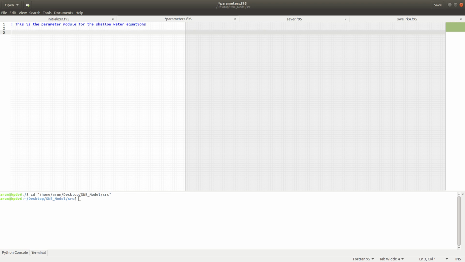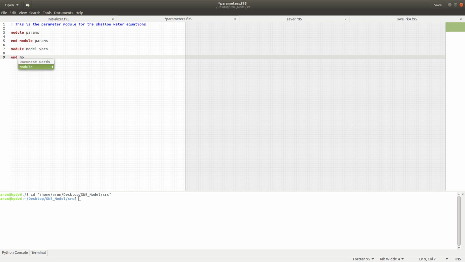Then I'm going to write module params. What else do we need? We also need another module, model vars, and model, that will do.